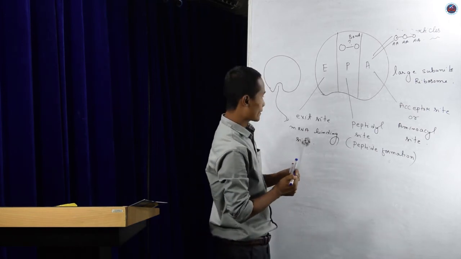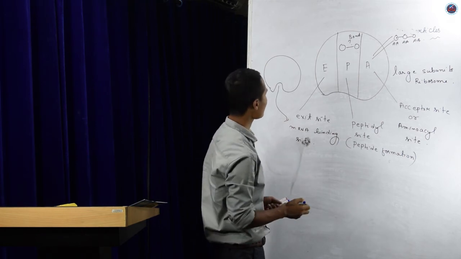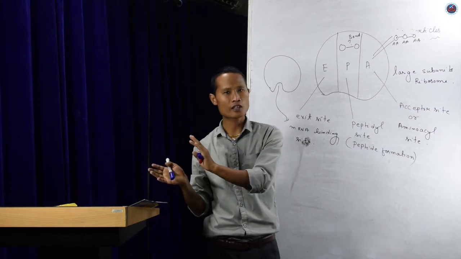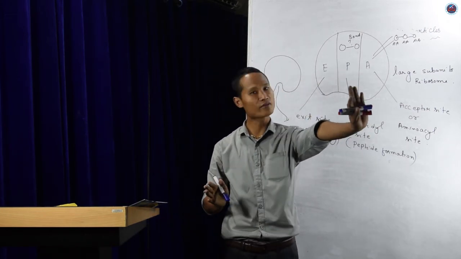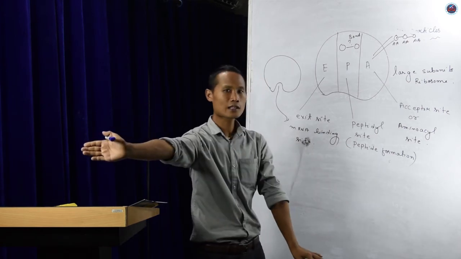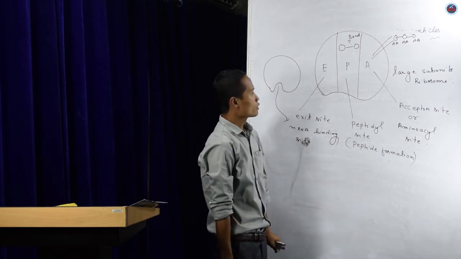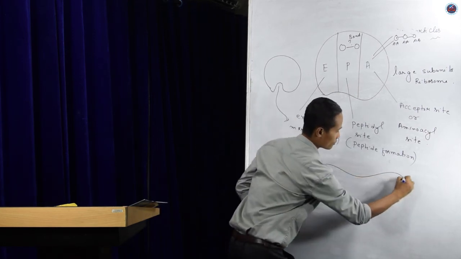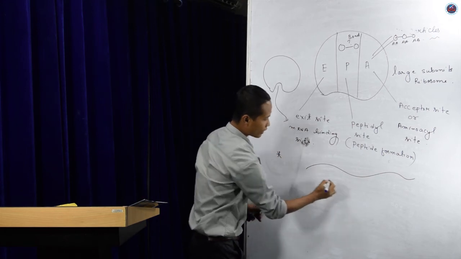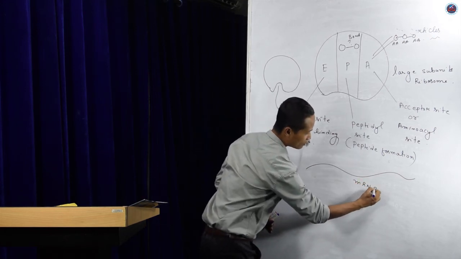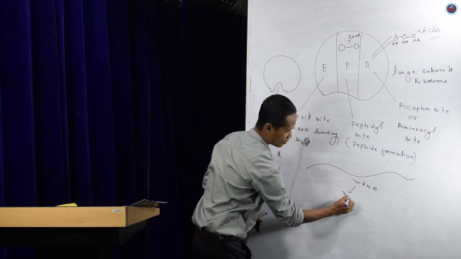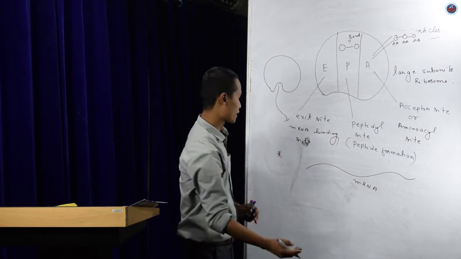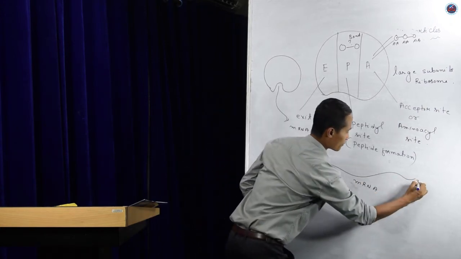Now let's try to understand the differences between prokaryotes and eukaryotes. In prokaryotes the ribosome is 70S, and in eukaryotes it is 80S. Now, mRNA is very important. mRNA is nothing but messenger RNA, or I'll say mature RNA, running 5 prime to 3 prime.